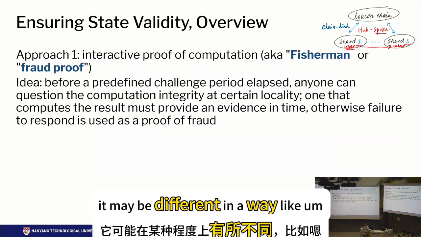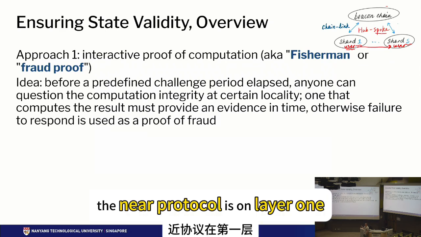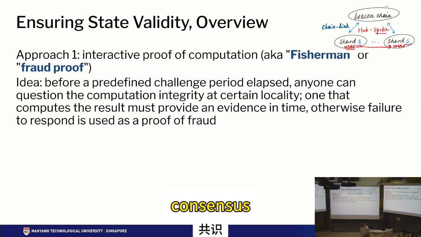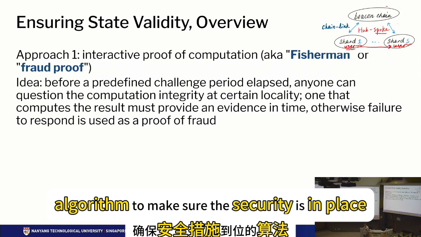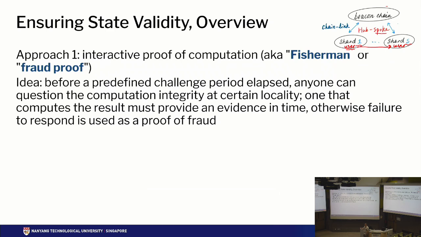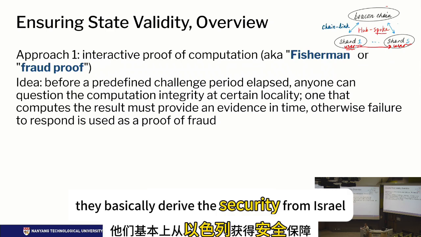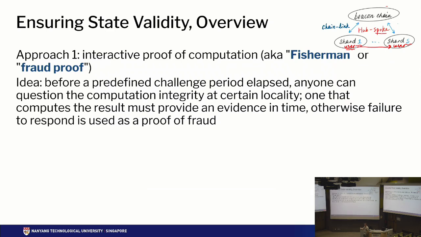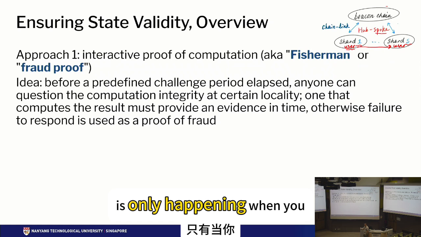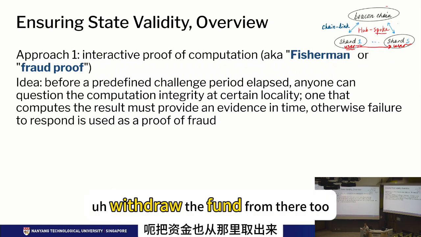It may be different in a way, like Near Protocol is on layer 1. So they have to have the consensus algorithm to make sure the security is in place. For optimistic rollup, they basically derive the security from Ethereum. And the fraud proof only happens when you withdraw the fund from layer 2.